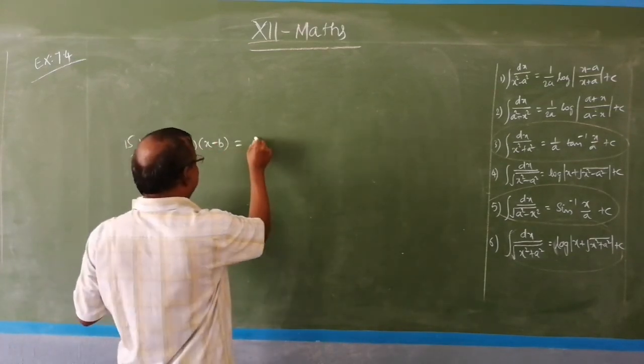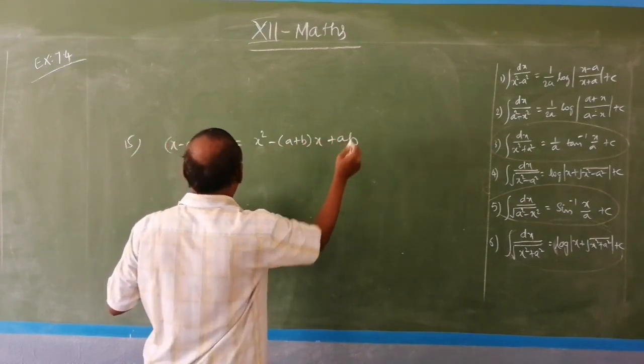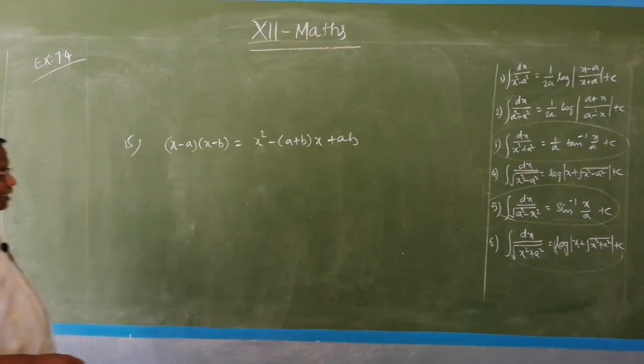We know that x minus a into x minus b equal to x square minus a plus b into x plus ab. So already we have learned this algebraic identity.